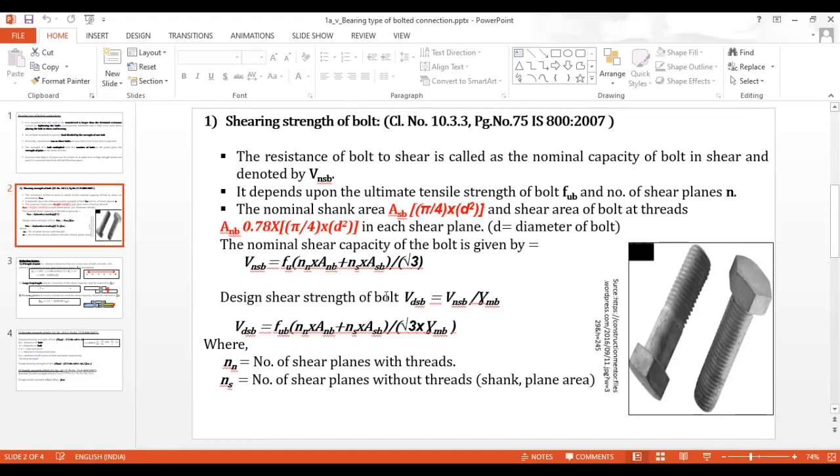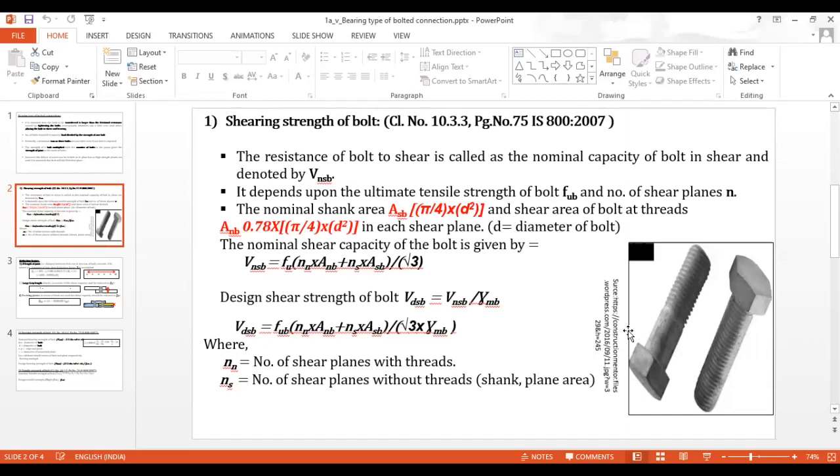The design shear strength of a bolt V_dsb equals V_nsb divided by gamma_mb. Therefore V_dsb equals f_u into bracket n_n into A_nb plus n_s into A_sb, bracket complete, divided by root 3 gamma_mb, where n_n is the number of shear planes in the threaded area, and n_s is the number of shear planes without the threaded area, that is, the shear planes in the shank portion or the plain area of the bolt.